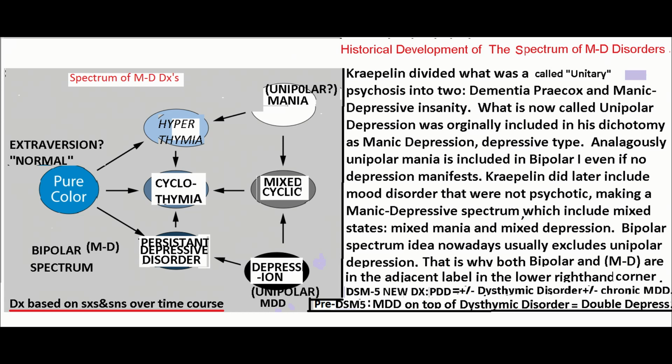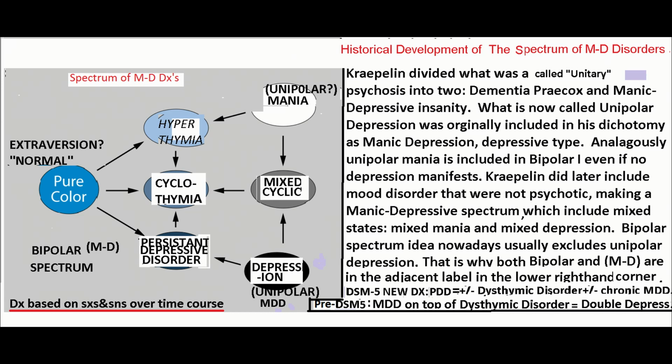In contradistinction, analogous unipolar mania is included in bipolar 1, even though there's no bipolarity in it. But the presumption is people usually, if they have mania, are going to have depression later on. And Kraepelin included in these mood disorders ones that are not all psychotic, so it came out to be a spectrum of disorders is what he finally came up with, and that's what's signified over in the left half of the page where there's the diagram.